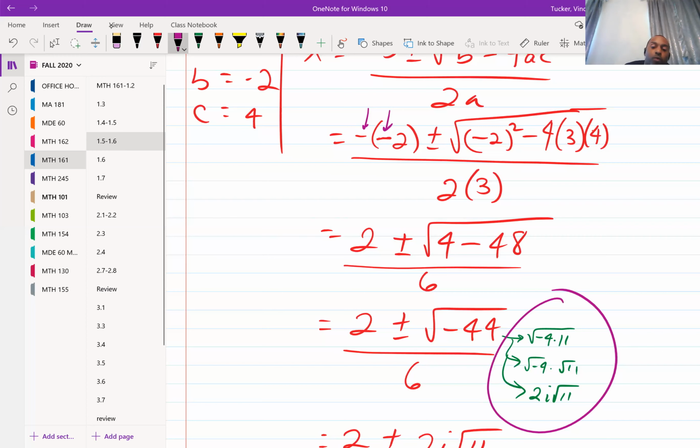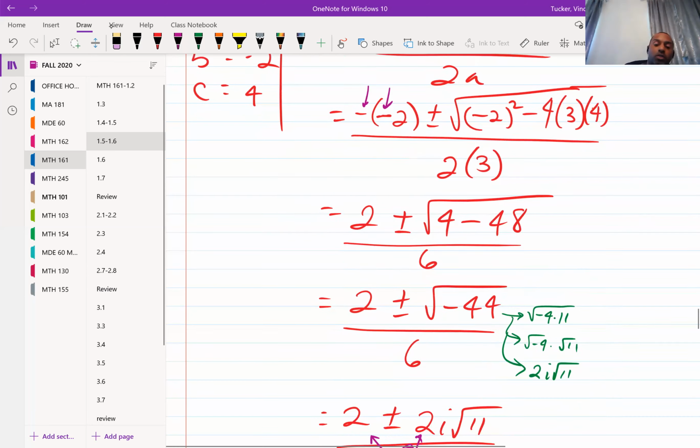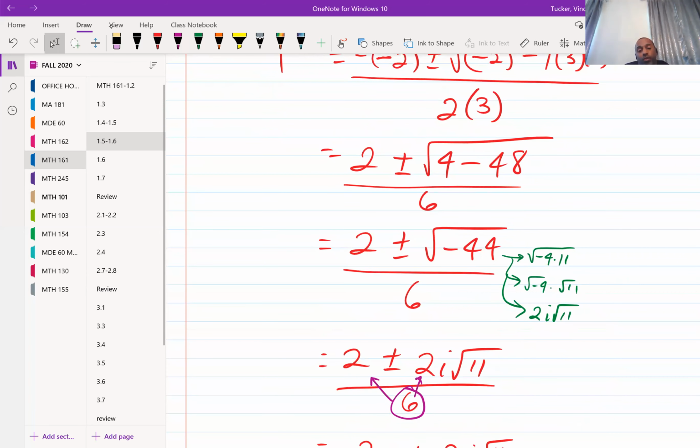So taking the square root of -4 is 2i, and you leave the 11 under the radical. So that breaks up into 2 plus or minus 2i square root of 11 over 6. Any questions on that?